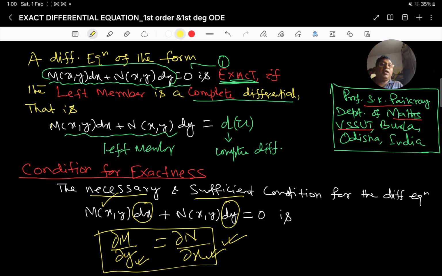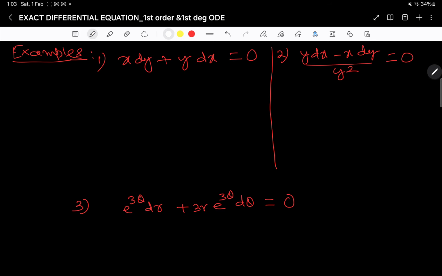So let us see some examples, by means of the condition as well as by means of the definition, to understand the exactness of a differential equation. Consider the following example: x dy + y dx = 0. We can easily write it as d(xy) = 0, so by definition it is exact, because the left member is a complete differential.